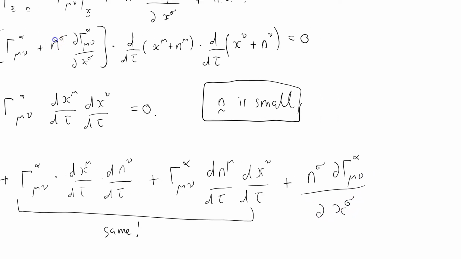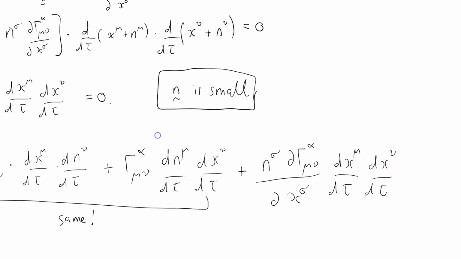Now I've already got an n here, so I can't have another one because that's a second order term. We've got dx mu by d tau dx nu by d tau equals 0.